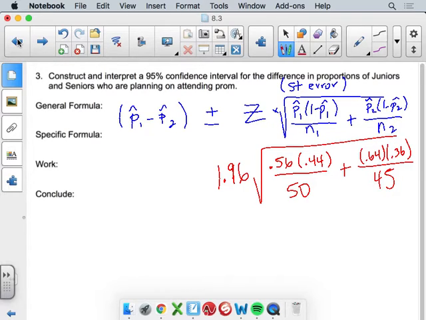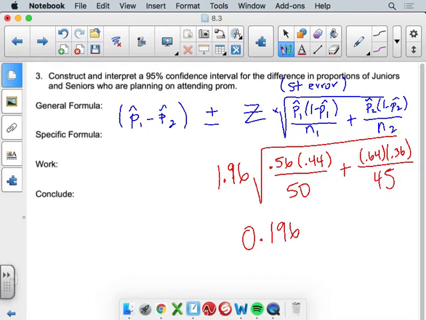Okay. 1.96 times the square root of 0.56 over 50 plus. All right. I got on the calculator a margin of error of 0.1964, so I'll just do 0.196.